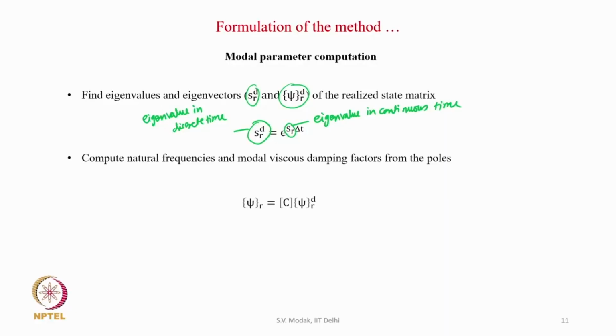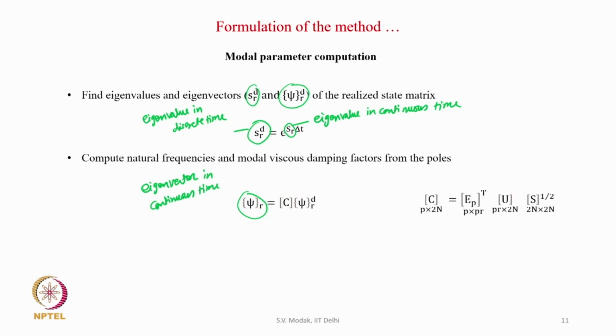And the eigenvector in continuous time. So, this is the eigenvector in continuous time. It is related to the eigenvector in discrete time through matrix C, which is the output matrix, and this output matrix can be obtained from this relationship, which also has been obtained from the system realization theory.